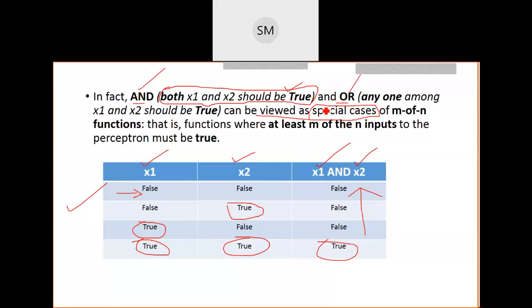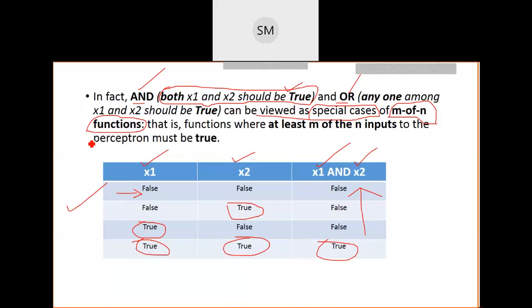Okay, special cases. And what is that special case? Just remember this word, very interesting, very nice word, that is M of n. What are M of n functions? Such types of functions like AND and OR functions are called M of n functions.